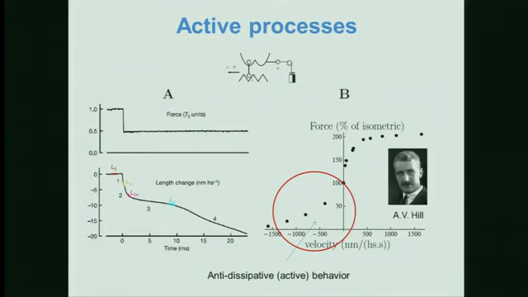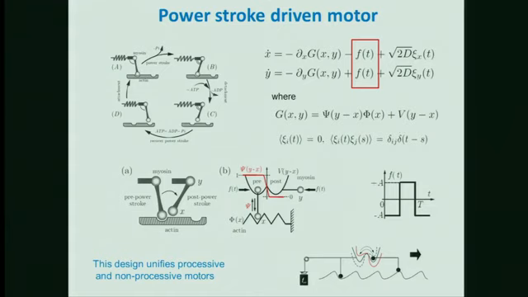Now, how can we model it in our framework? Again, this is the Lymn-Taylor cycle that was shown in the previous talk already. So we would like to design a mechanical system based on our simple ingredient. This is still a toy model that would reproduce this cycle.